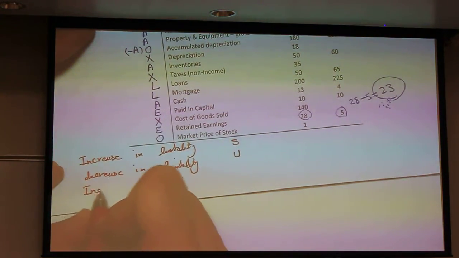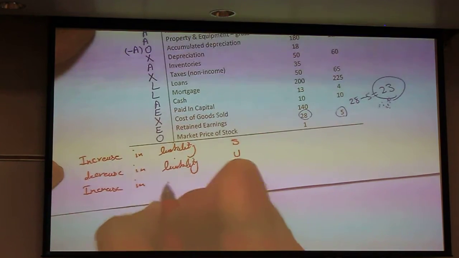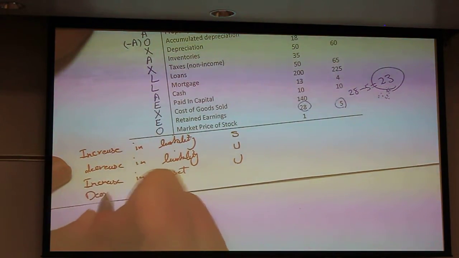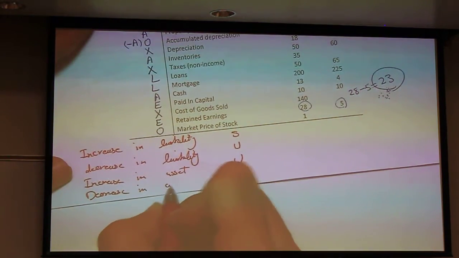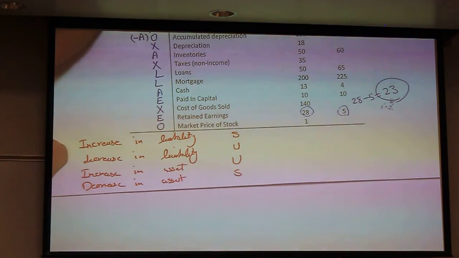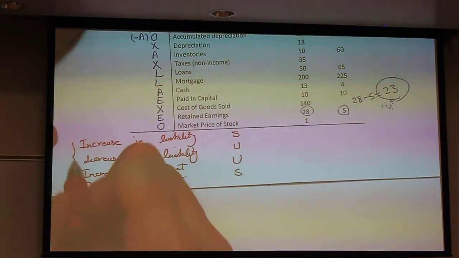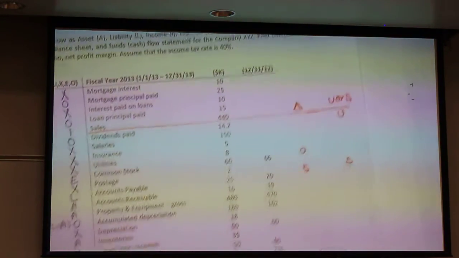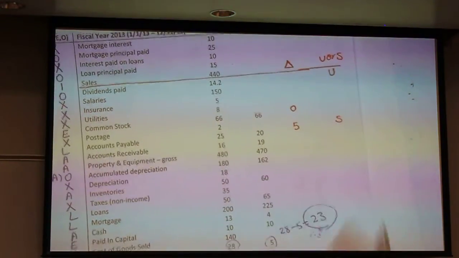Increasing asset, use of fund. Decrease, is a source of fund. Thank you. So based on these 4 rules that you need to have in your mind or on your formula notes, is the key to figure out the sources of fund and uses of fund and cash flow.